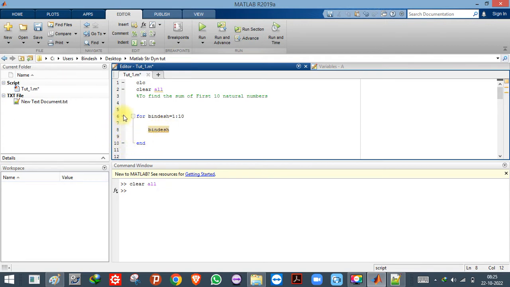So I can use the pause button over here. If you simply click over here, it will give you a pause button. Now if you try to run, see my command has started from here. It has checked the first line, second line, third line, fourth line. These are empty, so it has got nothing. Now my command is here, it is taking Bindesh.